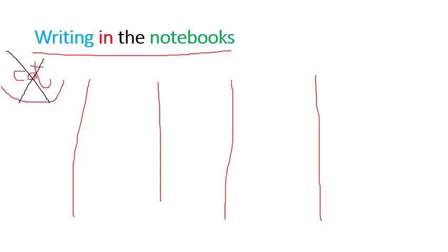Write in blue or black or purple. Red is for marking, highlighting mistakes, underlining some things, and so on. So don't write columns in red, please.